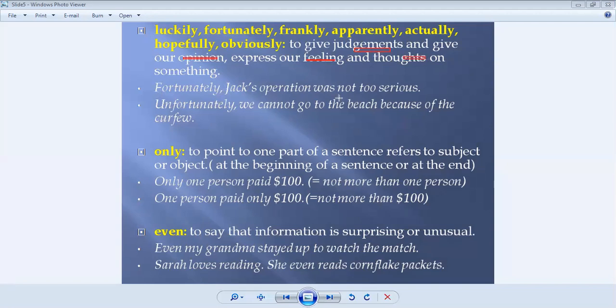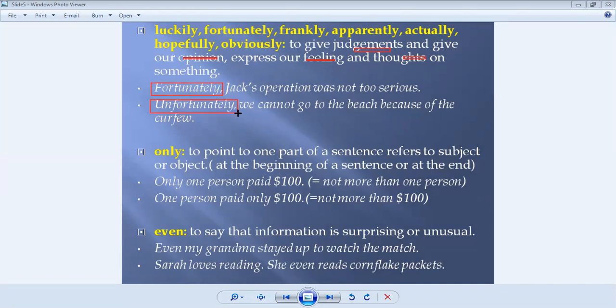Fortunately, Jack's operation was not too serious. This is our connective adverb. We're giving our feeling and thought. Unfortunately, we cannot go to the beach because of the curfew. Is that true, Ravda? Unfortunately, right?